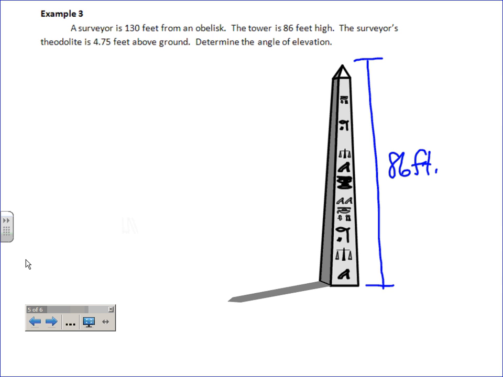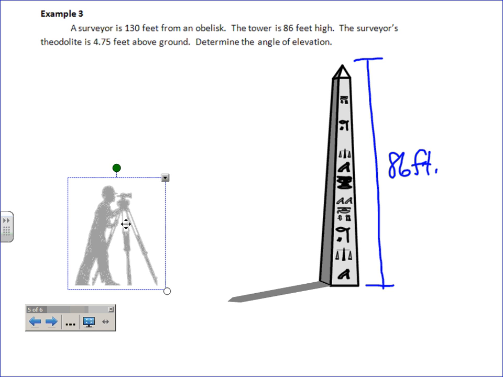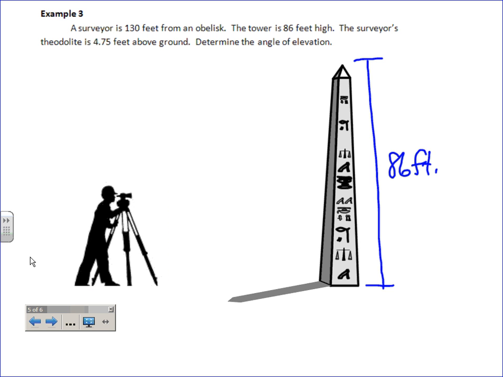The surveyor's theodolite, that is actually what that thing is called that the surveyors use, is 4.75 feet above the ground. For those of you still unsure what a surveyor is, there you go. Obviously, you do not have to draw this perfectly to scale or draw the theodolite if you don't want. A stick figure is probably good enough. It would then like me to determine the angle of elevation.